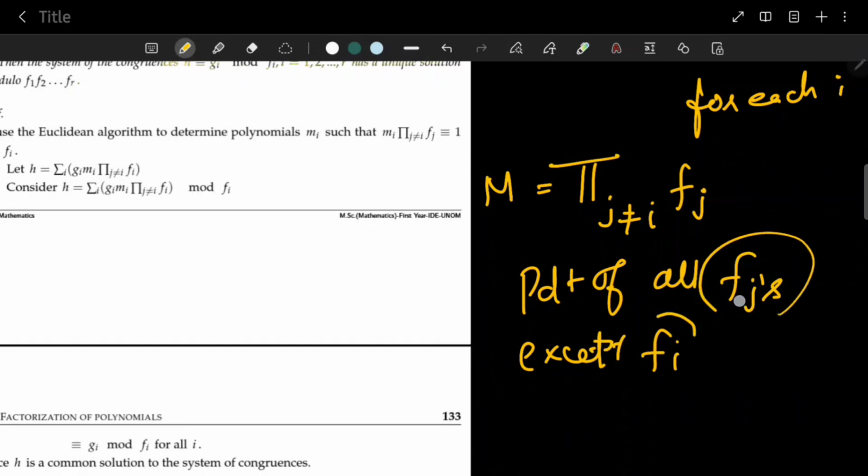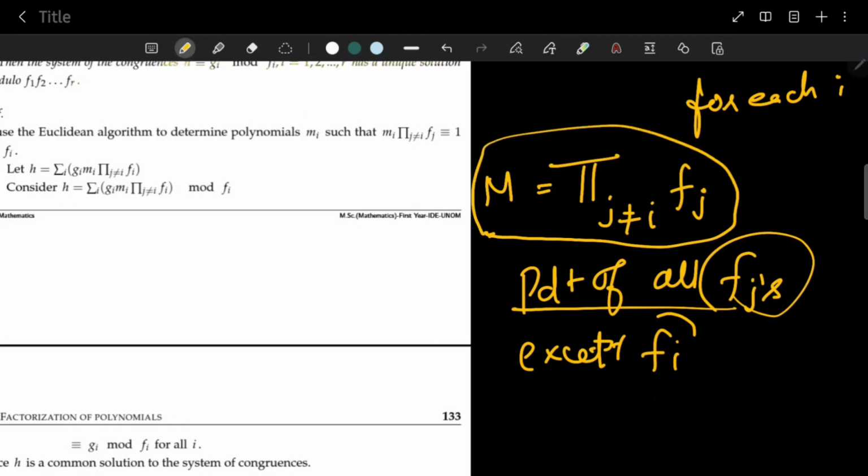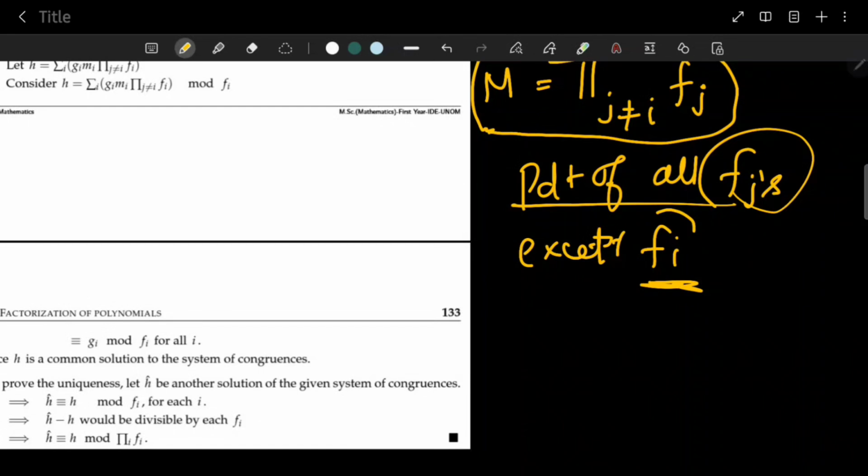We define this as capital M. Next we need to find small mi such that mi dot capital M is congruent to 1 mod fi.